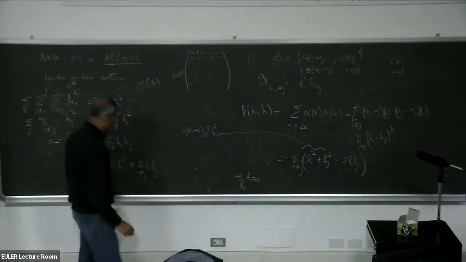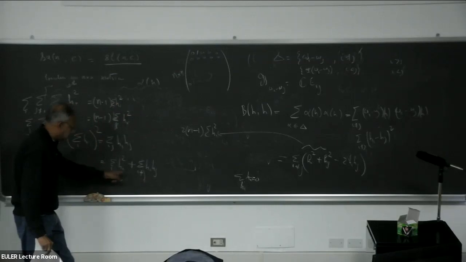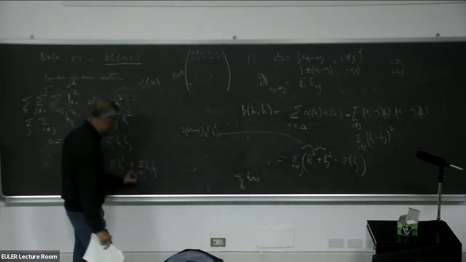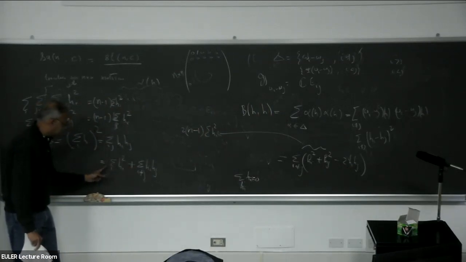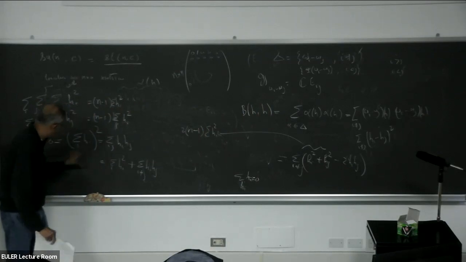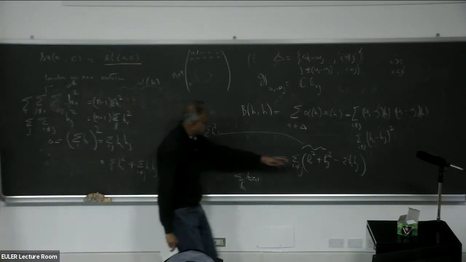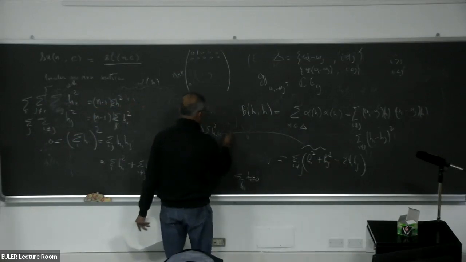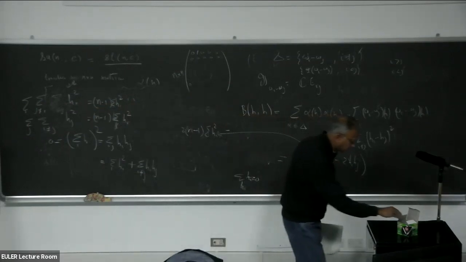But the last term, minus 2 hi hj, by using this equation, the sum of hi hj is simply minus the sum of hi square. So 2 times that is minus times minus, so plus 2 times the sum over hi square.